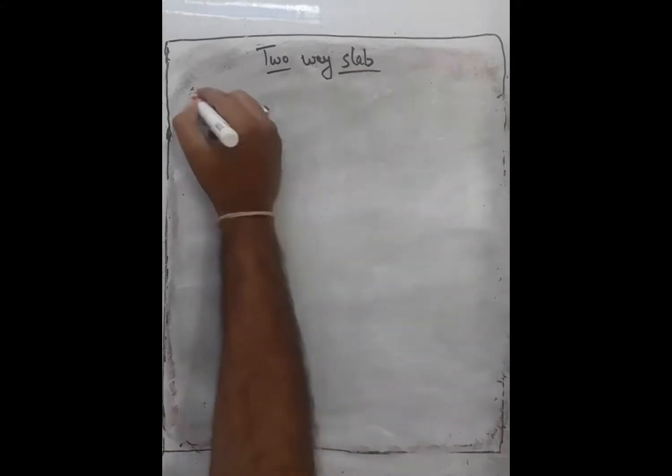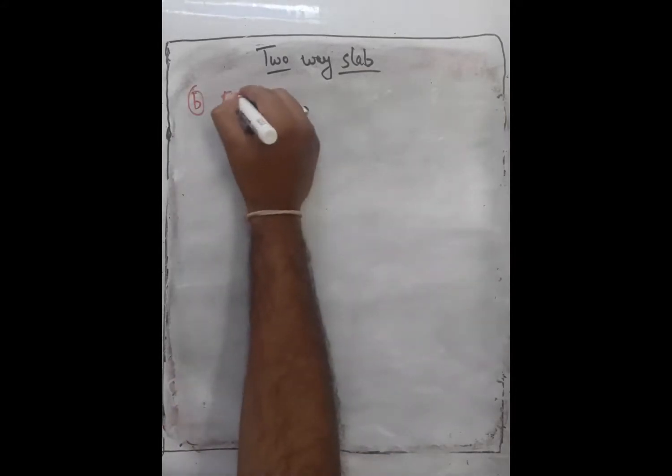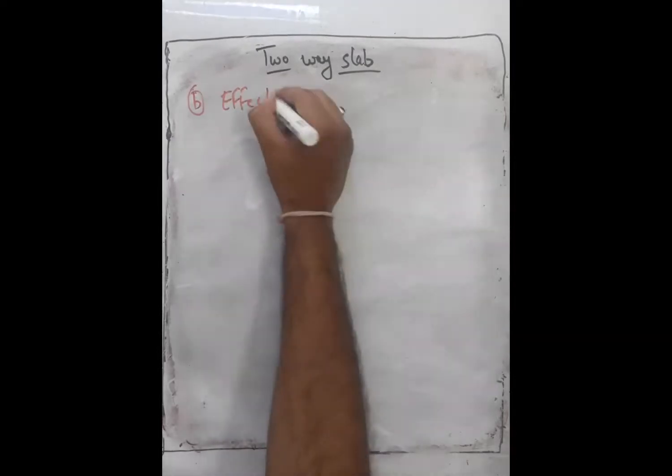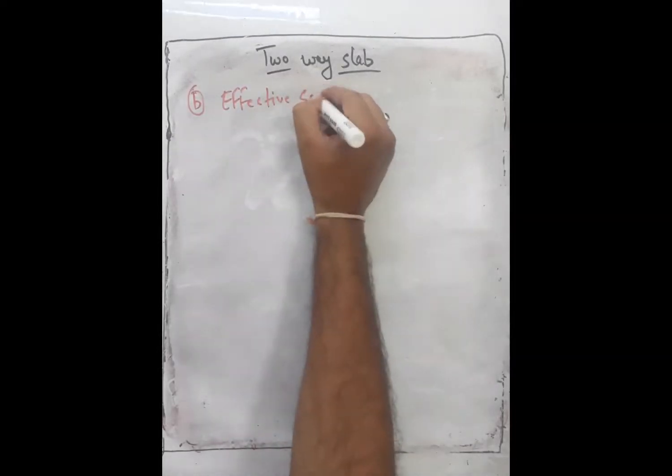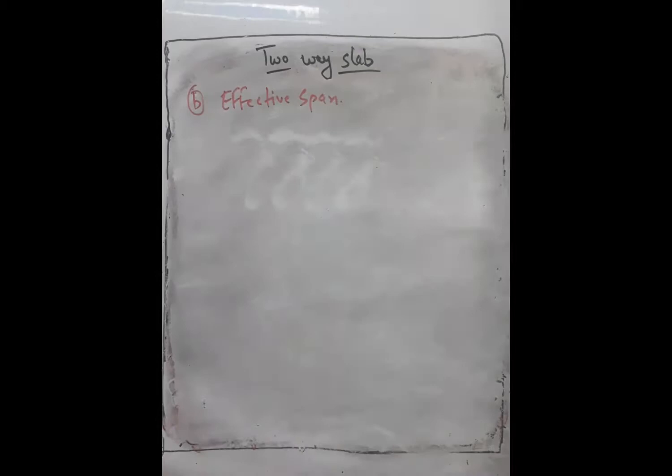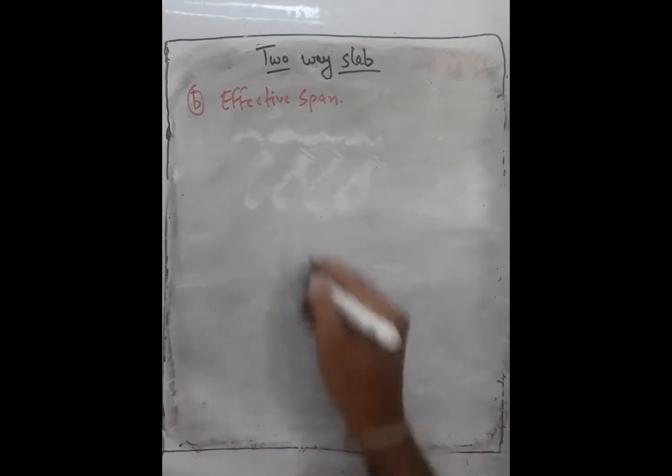So our step number 2, we have to find the effective span. So B, effective span. For effective span, for the simply supported case, you know that two conditions are there.